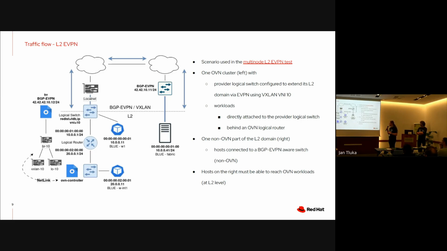On the left we have the assumptions that I was talking about, and next to that, the OVN topology. We have a logical switch that is configured for the EVPN with some workload connected to it, and we have a logical router with another workload connected through a logical switch.